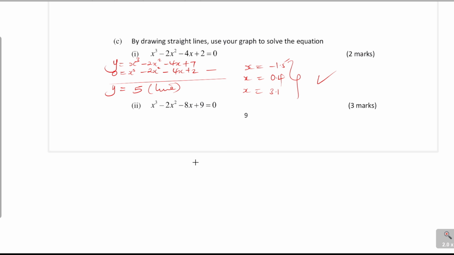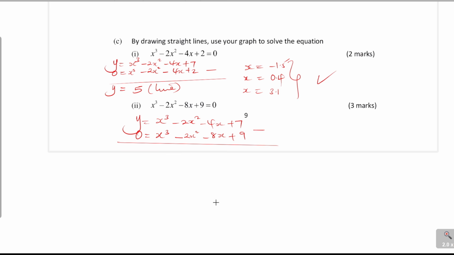We go to the other line. The other line we're going to draw using this equation given here. Using the function y equals x cubed minus 2x squared minus 4x plus 7, we compare it with 0 equals x cubed minus 2x squared minus 8x plus 9.